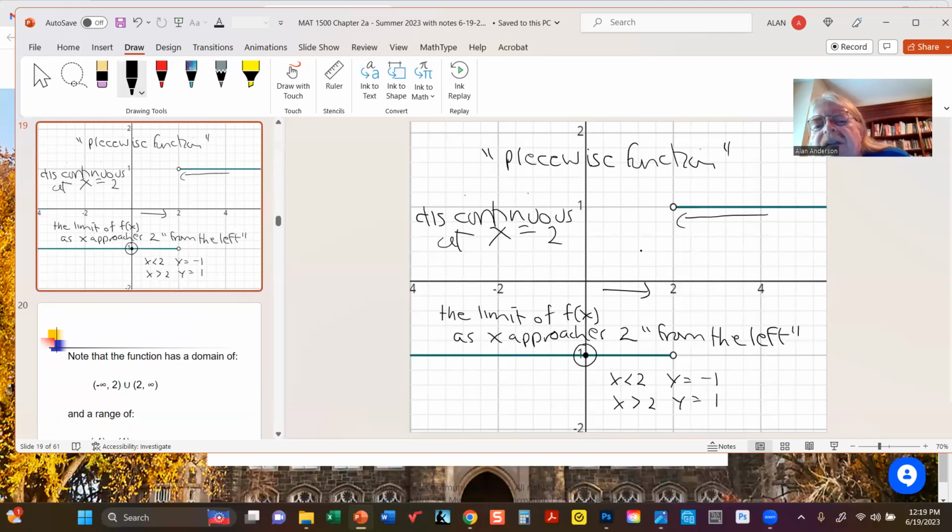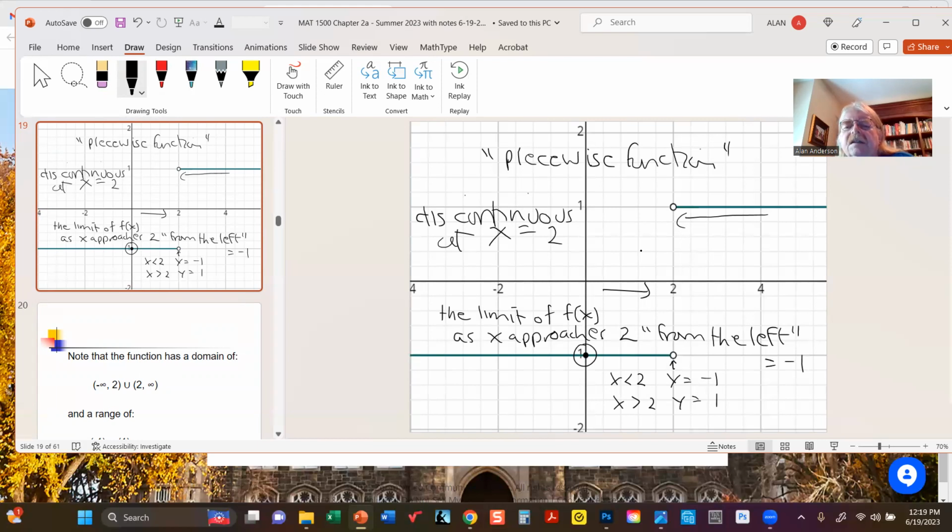From the left simply means that x is increasing. In other words, it's coming from the left of the real number line. And this equals negative 1, as you can see. It's getting really close, but never quite reaching negative 1.